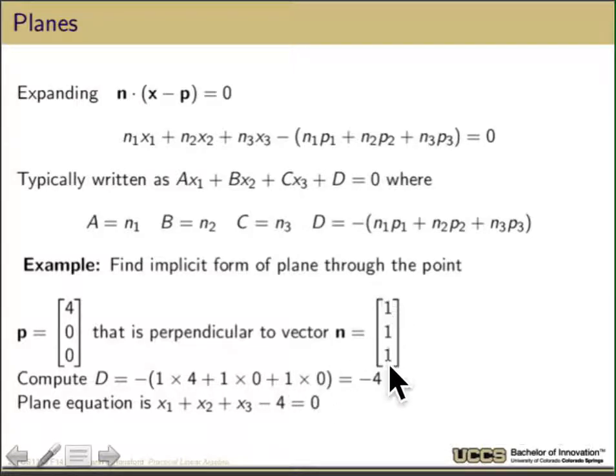That gives me d is minus 4, and then I can just read off the coefficients a, b, and c. So I get 1x1 plus 1x2 plus 1x3 minus 4 equals 0. That gives me the equation of the plane. You can see why this is pretty easy to compute, because if I have the point and the normal, it's easy to get the constant and the coefficients of the plane.